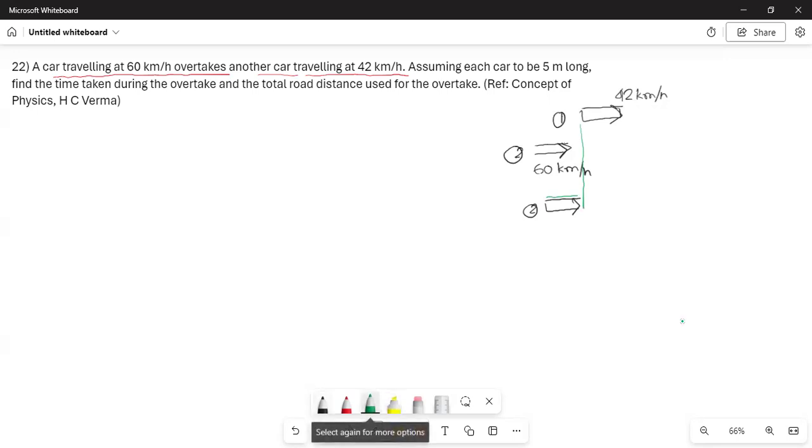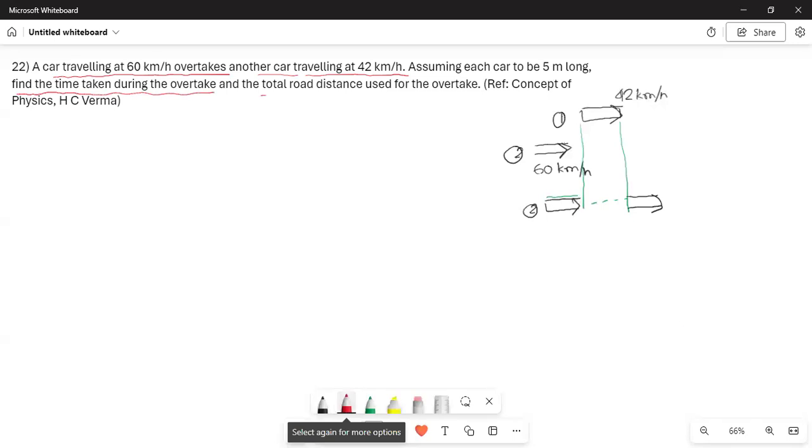Then, after some time, it appears that the number 1 car has come here. So, overtaking is done. The question is, find the time taken during the overtake.